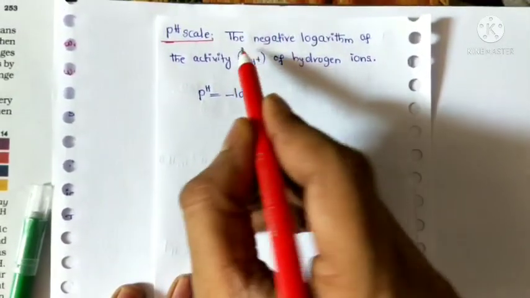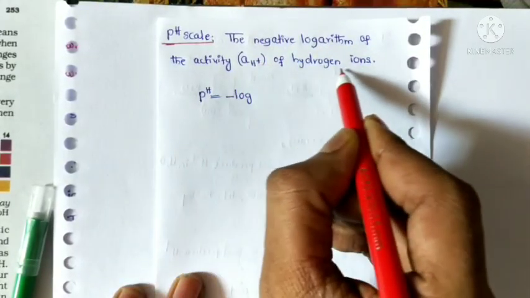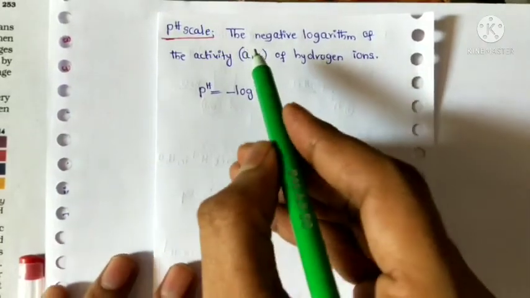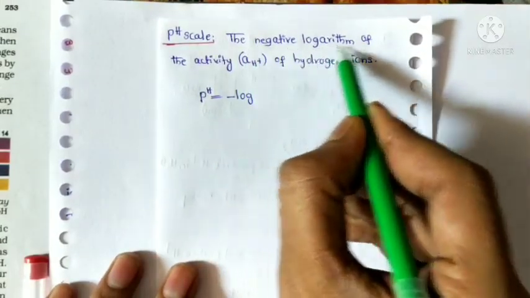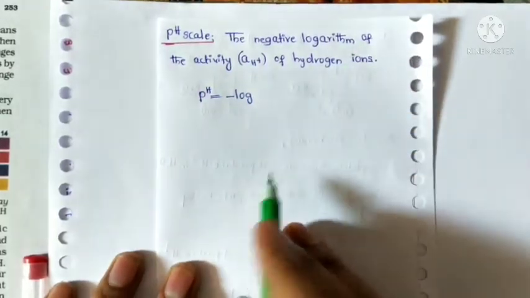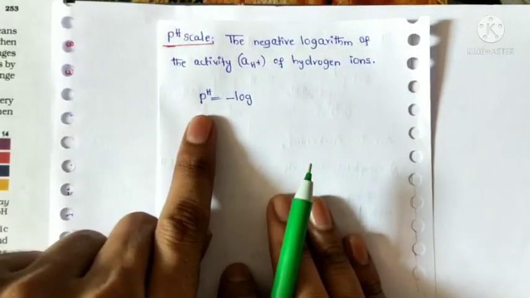The negative logarithm of the activity of hydrogen ions. What is the definition? Once again: the negative logarithm of the activity of hydrogen ions or hydronium ions is called pH.